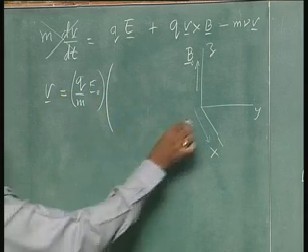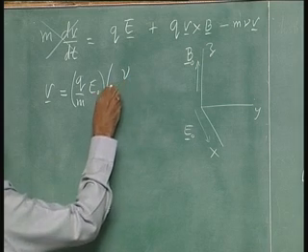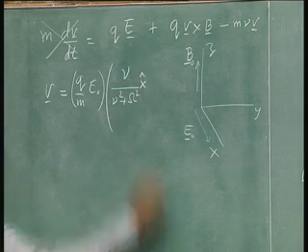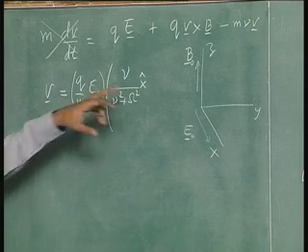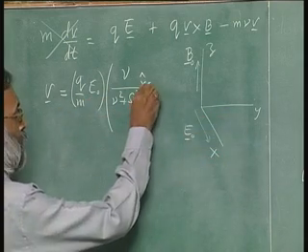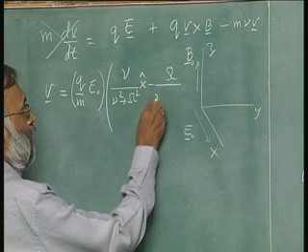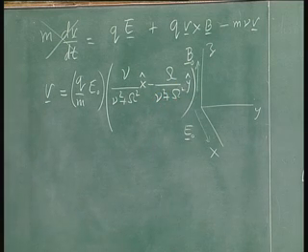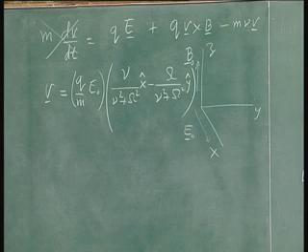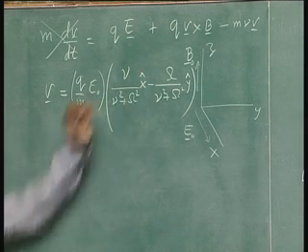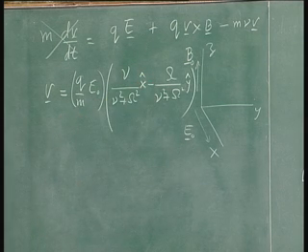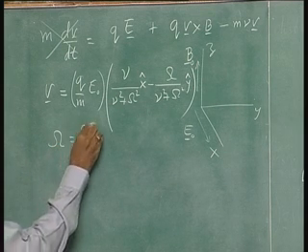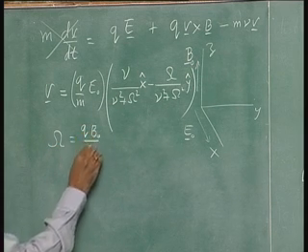One component in the direction of the electric field is nu over nu squared plus omega squared in the x direction, and there is a component in the y direction which is minus capital omega over nu squared plus omega squared in the y direction. Now what exactly is this capital omega? Capital omega I defined as q B naught over m.